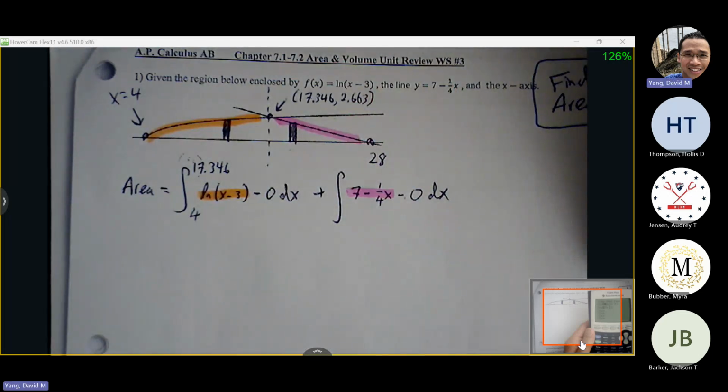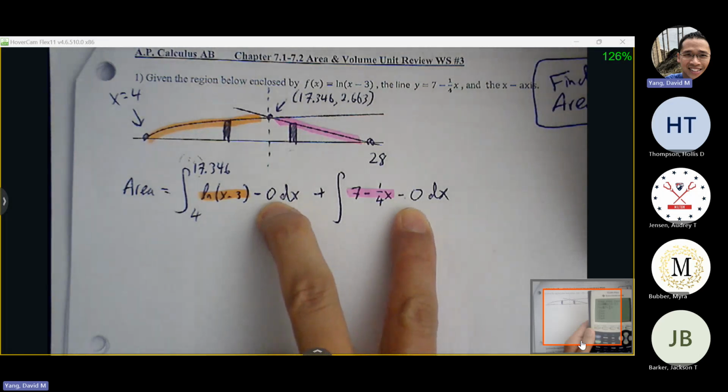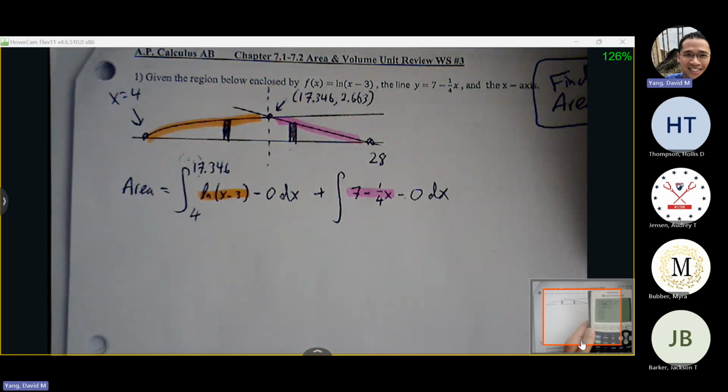Okay, the rest can go in your calculator. I can drop the zeros now. I just wanted to show the 0 initially just to show that I am following the formula top minus bottom.